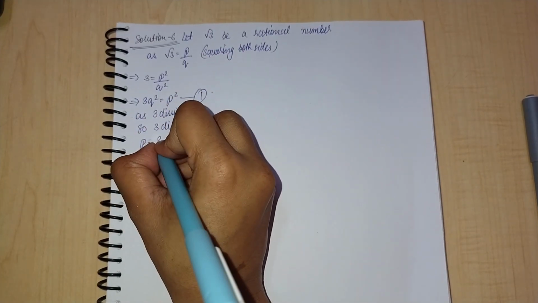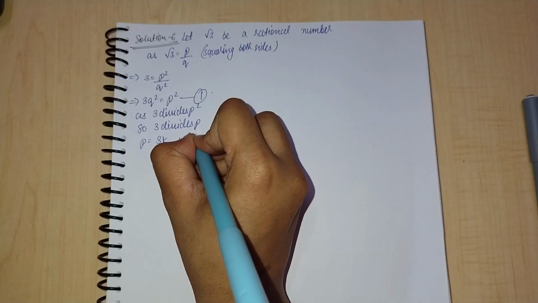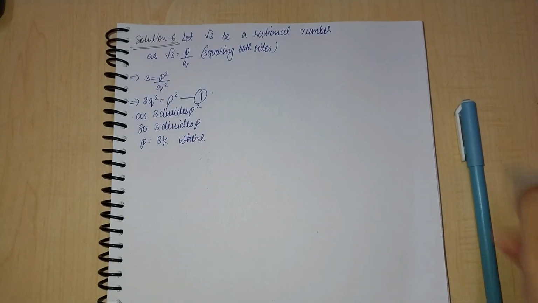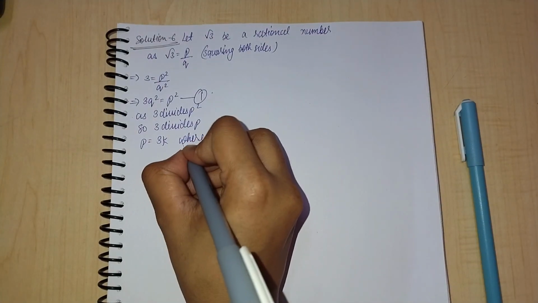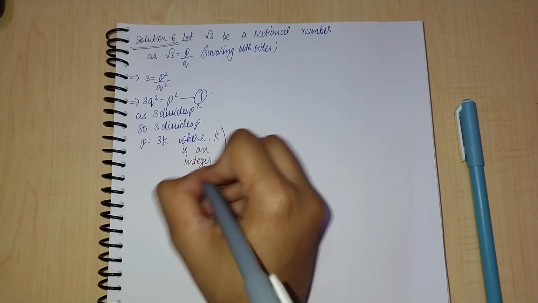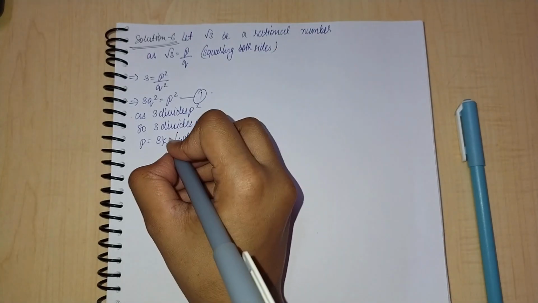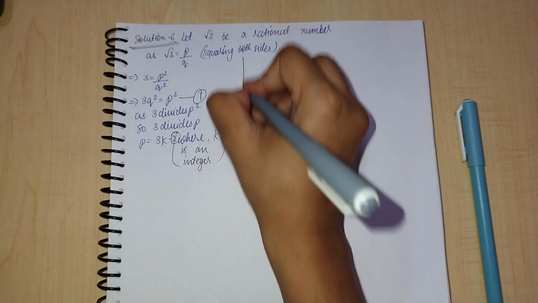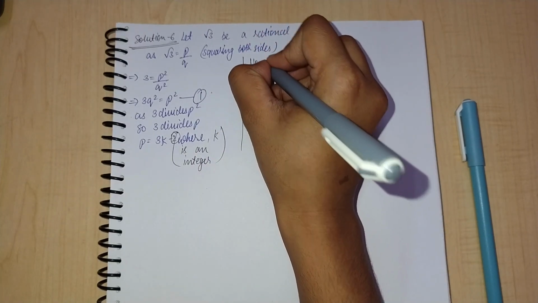Cancelling both sides, we will get q square is equal to 3k square. As 3 divides q square, so 3 will also divide q, and as it contradicts the fact that it is a rational number, so under root 3 is an irrational number, hence proved.